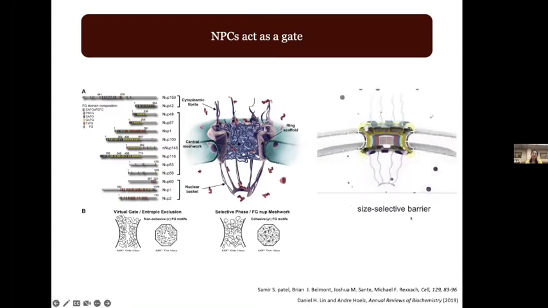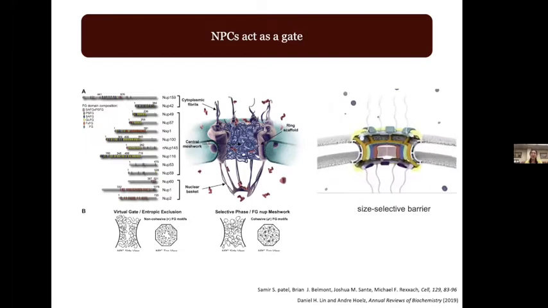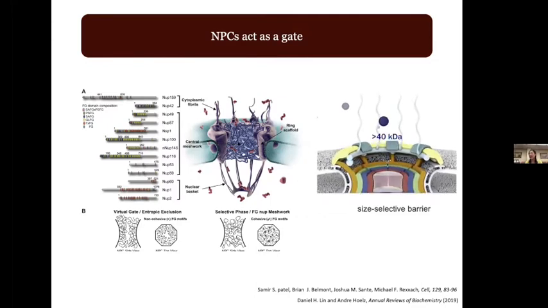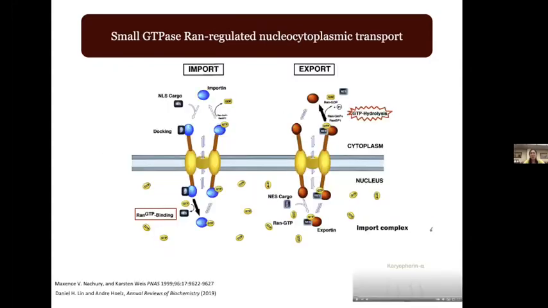This barrier prevents molecules bigger than 40 kilodaltons from passively going through, but allows smaller molecules to go in and out freely. To overcome this diffusion barrier, the nuclear pore complex uses importins and exportins, the transport receptors, to carry cargo bigger than 40 kilodaltons through the nuclear pore.